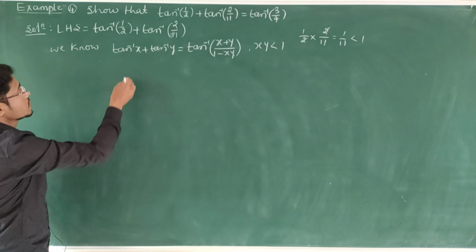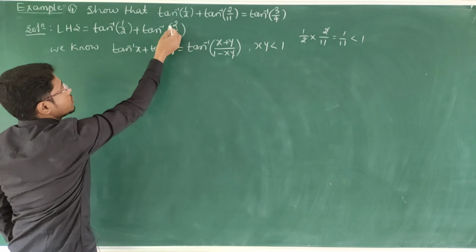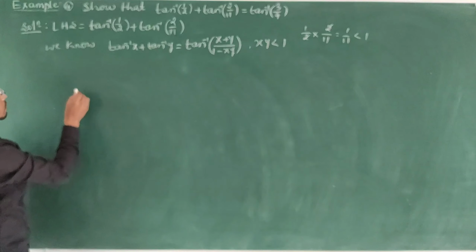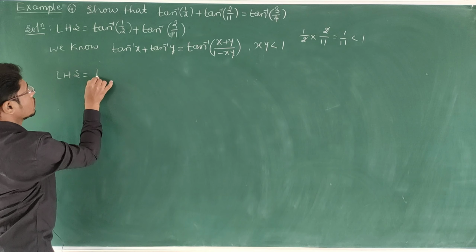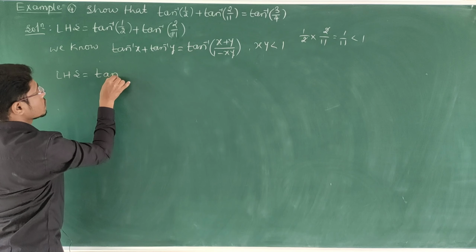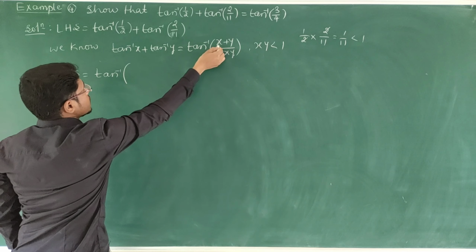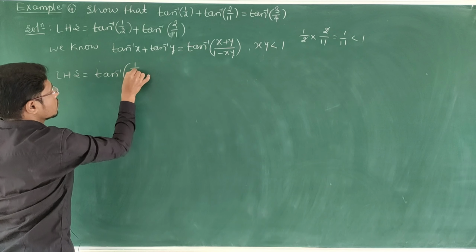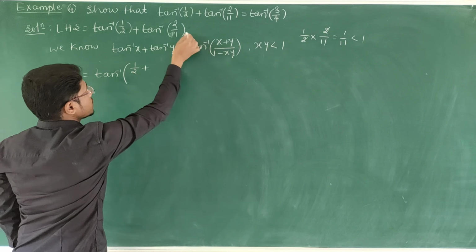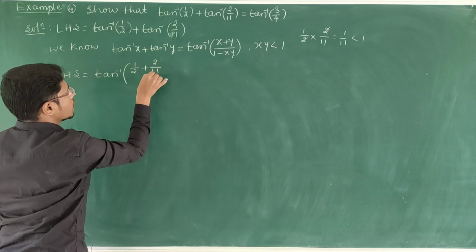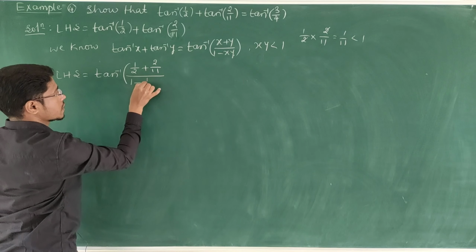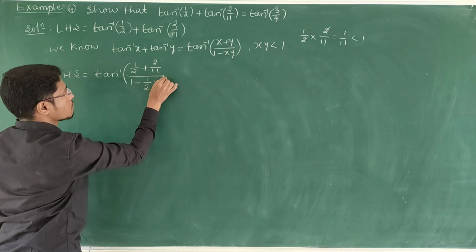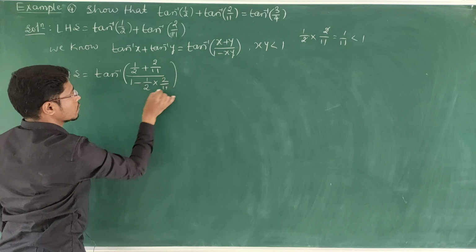Okay, so x is 1 by 2, y is 2 by 11. Put in the formula. So LHS will become tan inverse of x is 1 by 2 plus y is 2 by 11, whole divided by 1 minus x into y, 1 by 2 into 2 by 11.